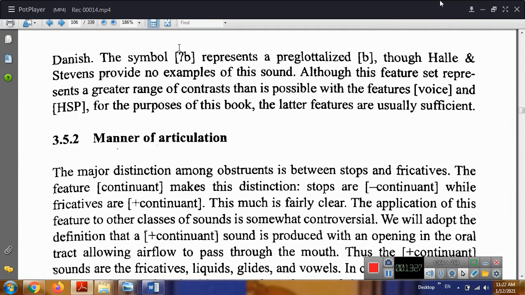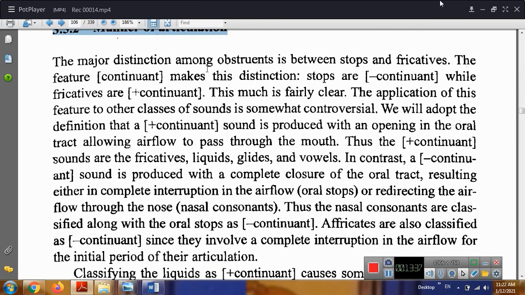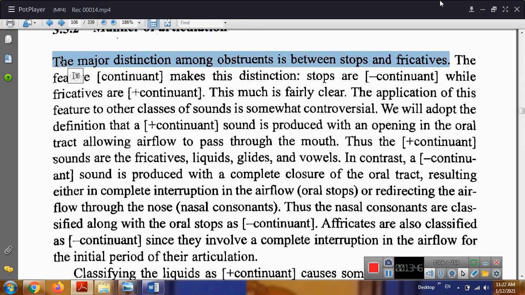Another feature: we described the voicing feature, which you are acquainted with, but now about the manner of articulation. The major distinction among obstruents is between stops and fricatives. You know about the manner of articulation, which we reminded you of in the first chapter.